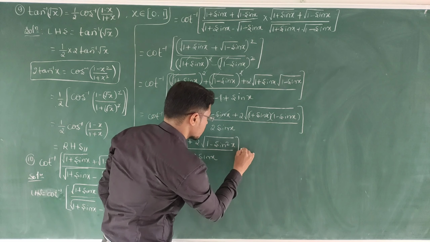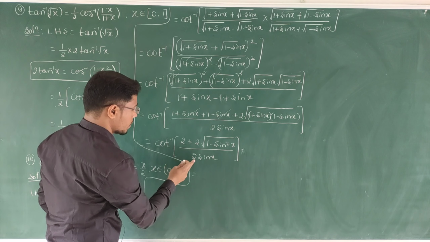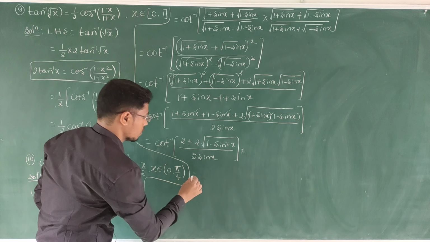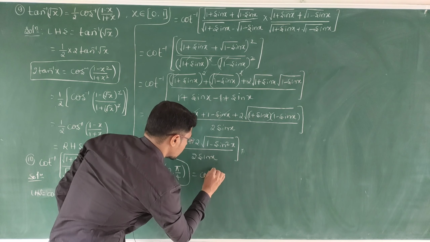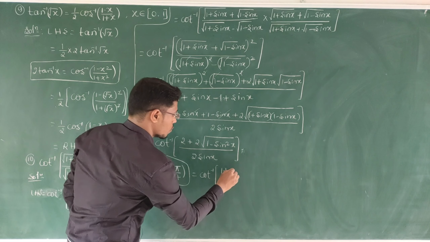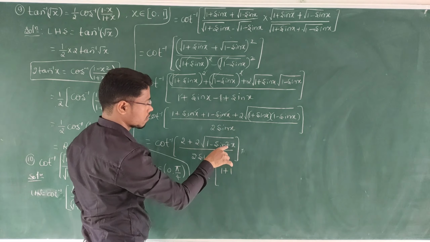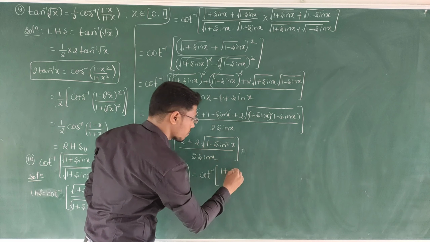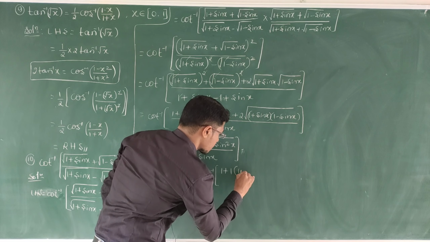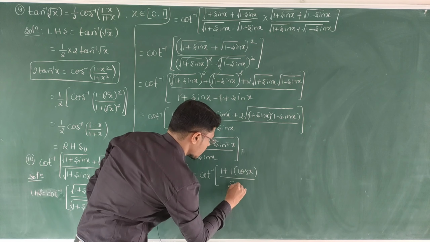Take 2 common and cancel this denominator term, that will be cot inverse of 1 plus 1 minus sin square is cos square, and the square root gets cancelled, remaining is cos x divided by sin x.